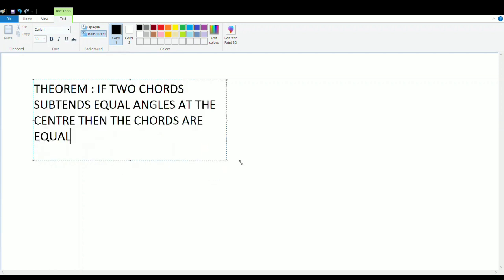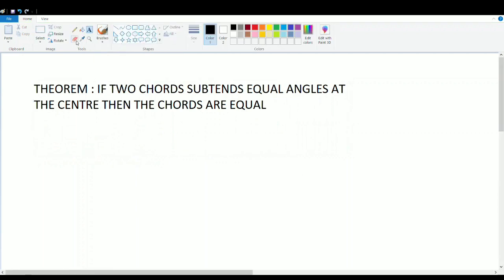Okay, so this is the theorem, and everybody knows this theorem, right? The converse will be true, and we will prove this theorem. I will write it roughly. You can note it down even after that too.